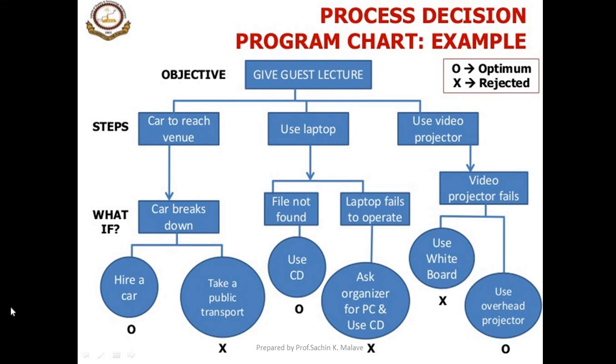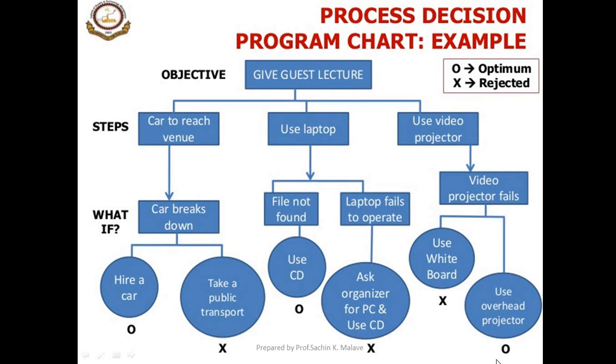If you want to do a project, this PDPC chart tries to find out what might go wrong in your project, and what the alternative should be if certain things go wrong.